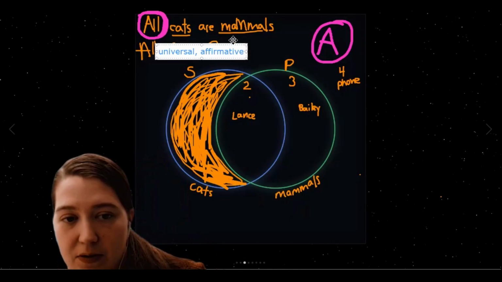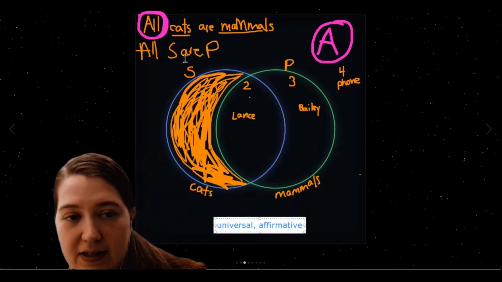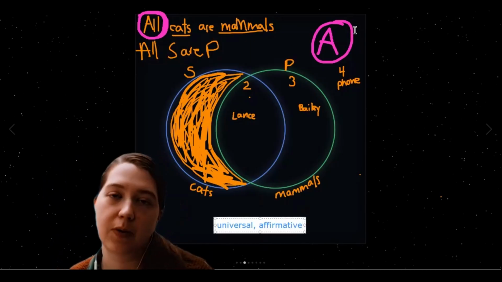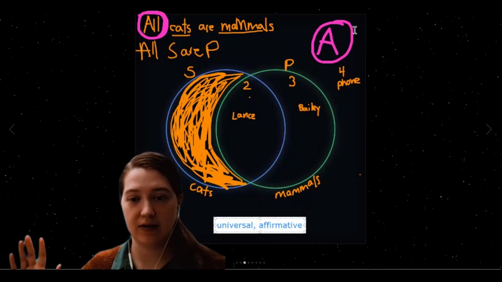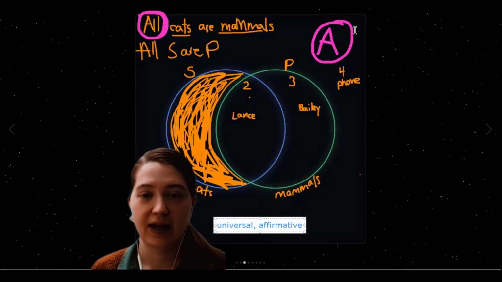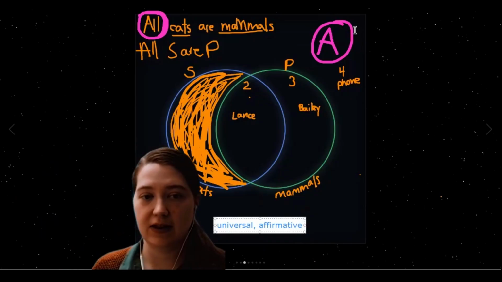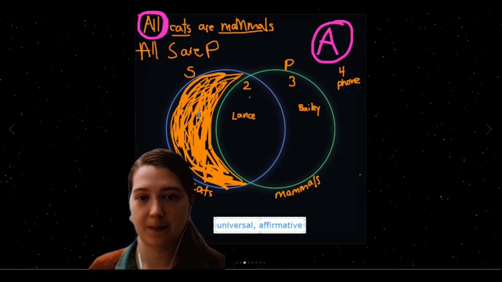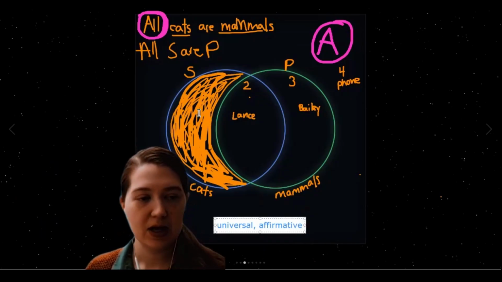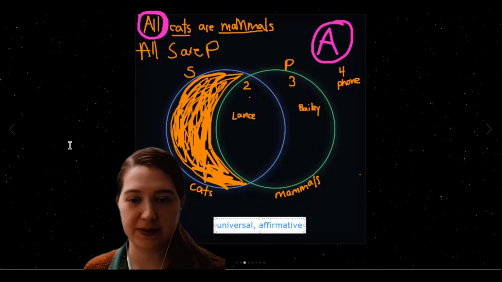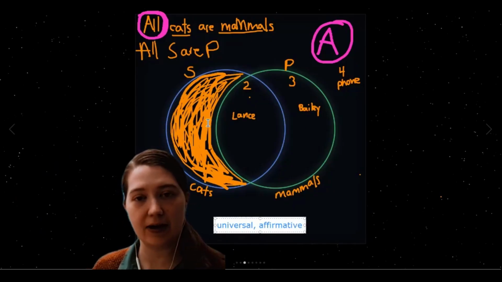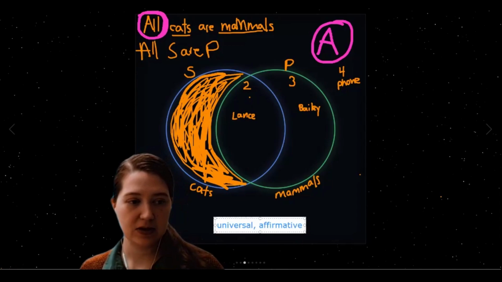So an A claim is universal affirmative because of the fact that it says all, which is both, again, a universal thing that it applies to everything of something, and it's an affirmative claim saying everything of something is something. Okay, so that's the first type of categorical proposition, and that's how we represent it on the diagram, and that's why. Let's go to the next type.